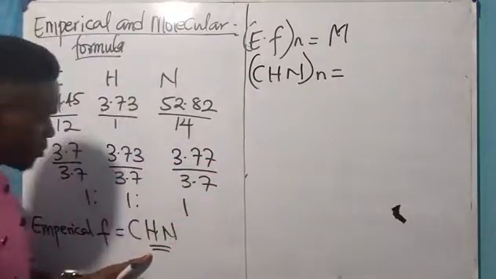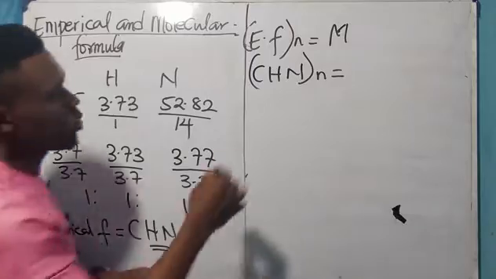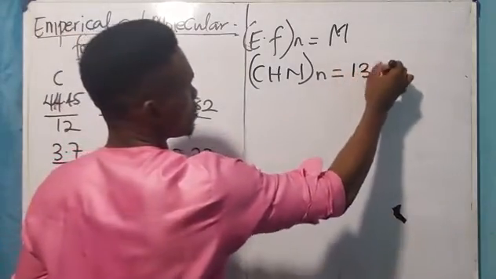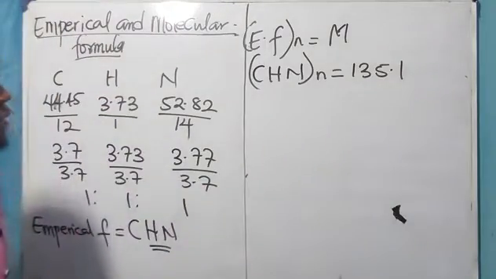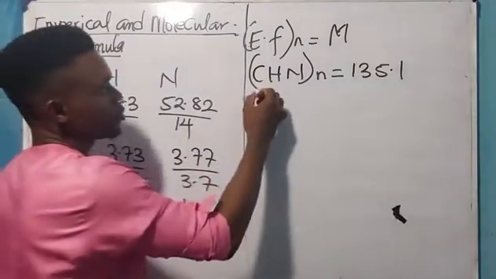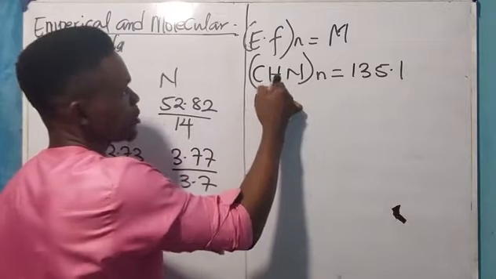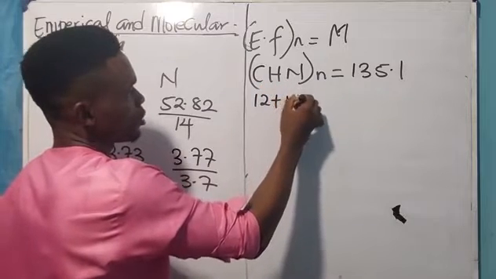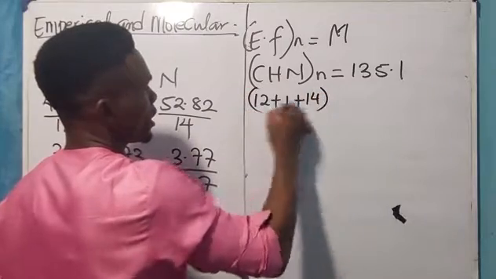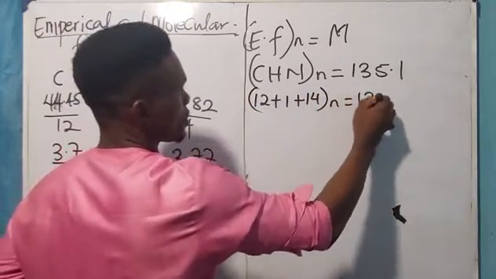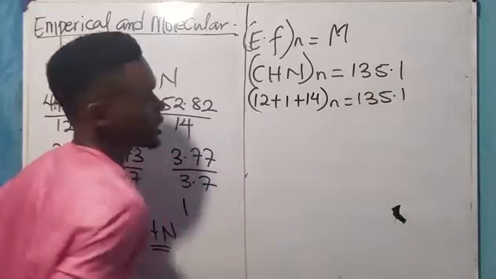Then n times the empirical formula mass equals the molar mass, which is 135.1. So what do you do? Carbon is 12, plus hydrogen 1, plus nitrogen 14, and that equals 135.1.